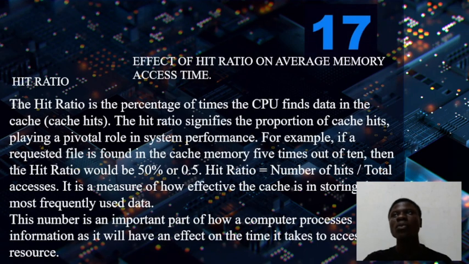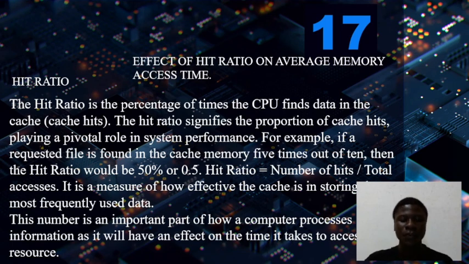Okay, when we simply talk about hit ratio, it means the number of times the CPU finds data in the cache, that is a cache hit, and that was explained by saying a cache hit is when data is found in the cache memory.